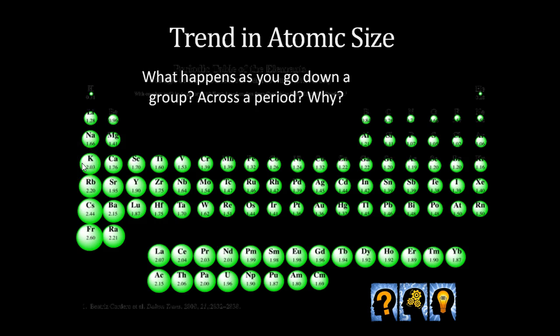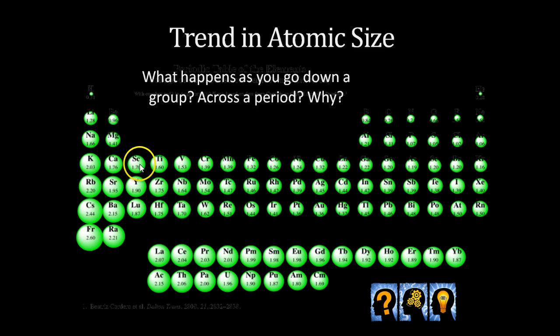I told you guys you're adding protons, electrons, mass, all those things. The key idea is the additional protons you add as you go across, so cobalt with 27, krypton with 36. Those additional protons are going to pull the electrons, that outermost energy level, closer and closer.